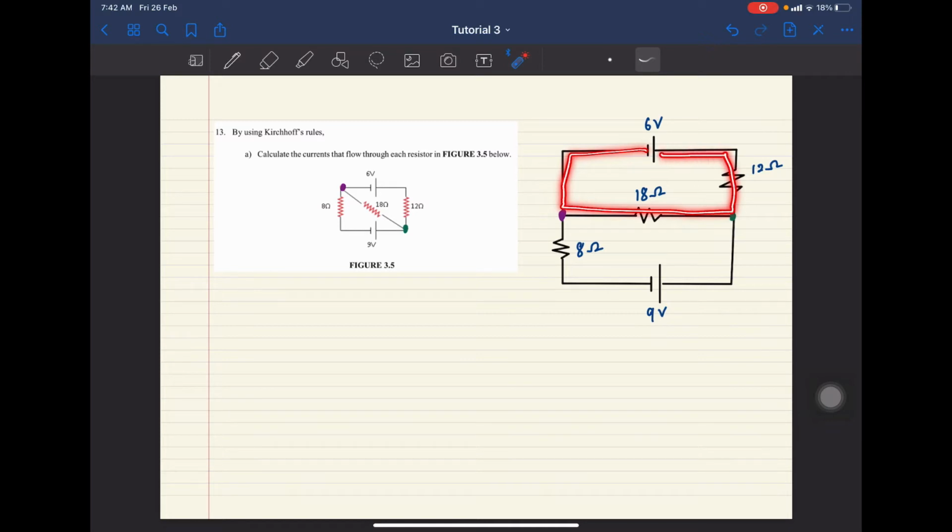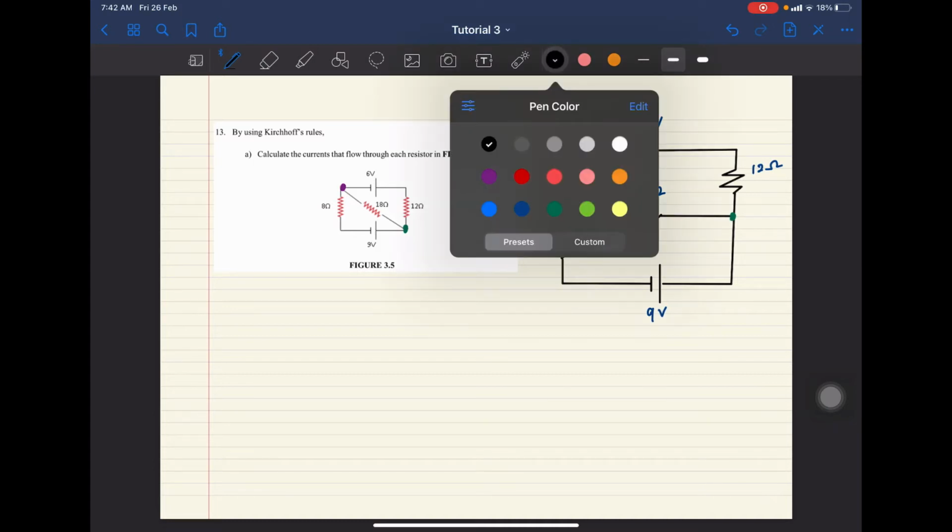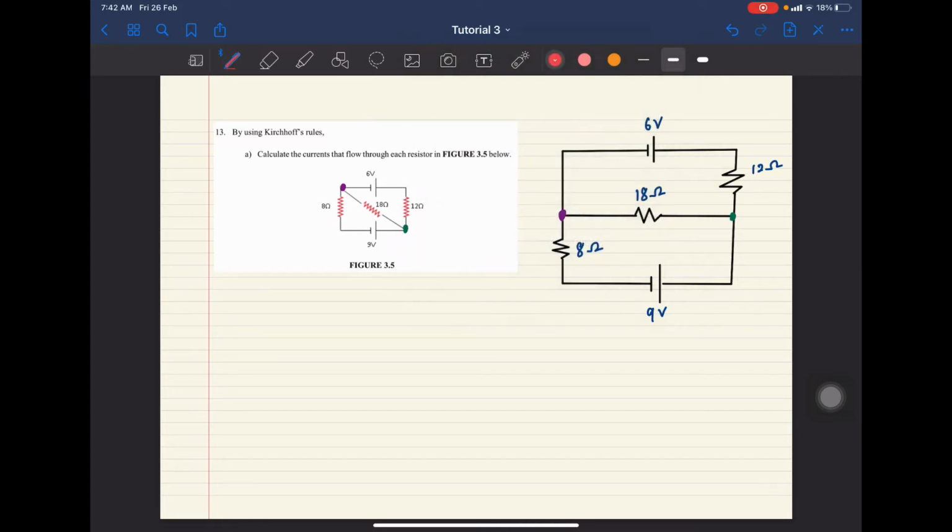So basically it consists of two loops, so you have to apply the junction rule as well as the loop rule. So as usual, first thing first, I suggest you color the currents separately. So for example over here, let's say this one is my I1.